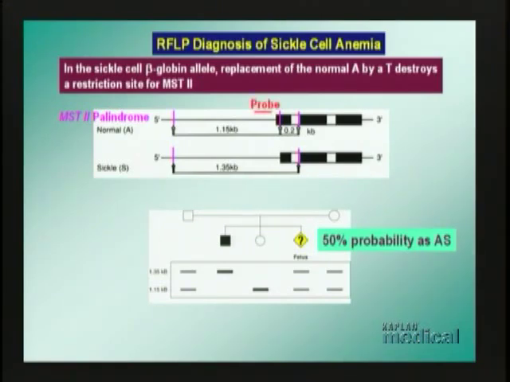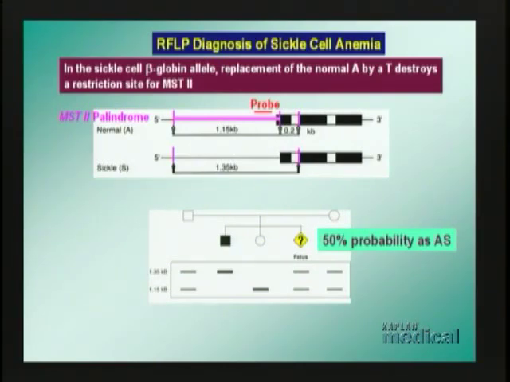Here's a probe shown here in the red horizontal line. This is a probe that doesn't even see the beta globin fragments. It could be outside the beta globin fragments, but importantly, what this probe is going to see is a fragment size of 1.15 kb in length, and that's indicative of a person who has a normal beta globin gene.